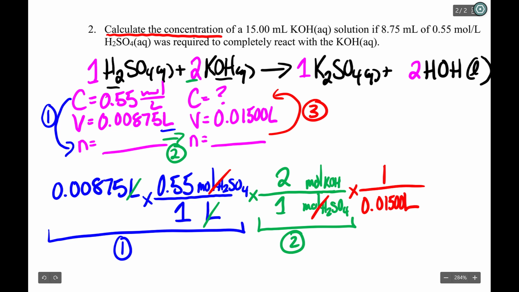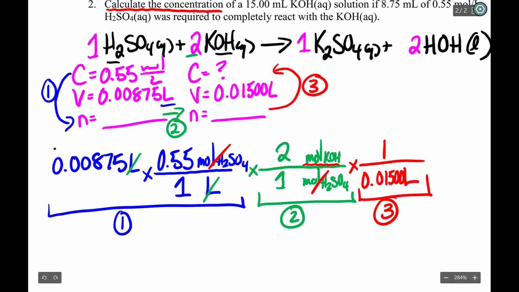So if I multiply by 1 over something, that's the same as division. And that's exactly what I'm doing here. So I'm not canceling out the moles of potassium hydroxide because I want moles of potassium hydroxide per liter. And in order to make it per liter, I'm really multiplying by 1 over, which is the same thing as division. And so this would be my third step where no unit cancels in this last part here.